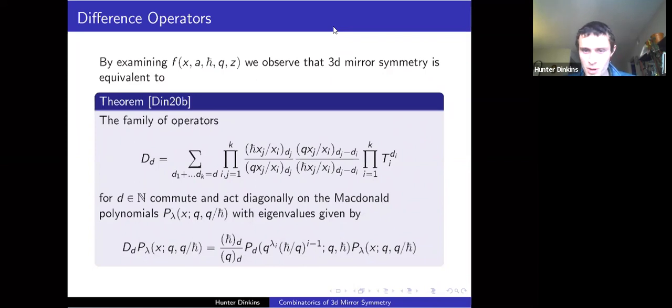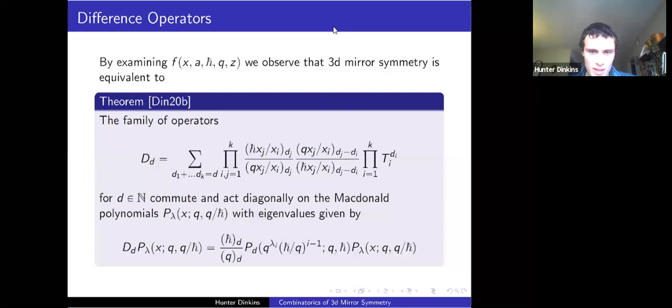If you're familiar with the classical Macdonald difference operators, they're generally going to look much simpler than these. There are only finitely many of them, and they have many fewer numerators and many fewer denominators.